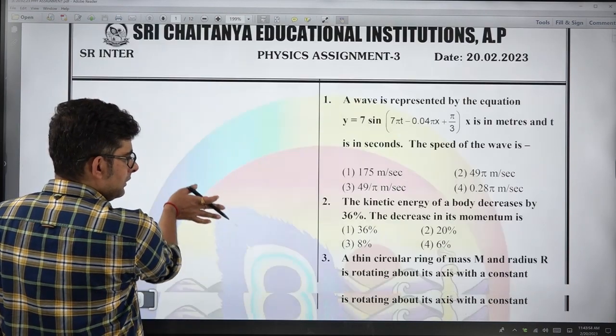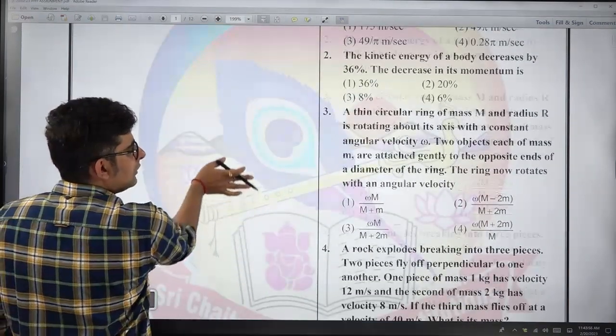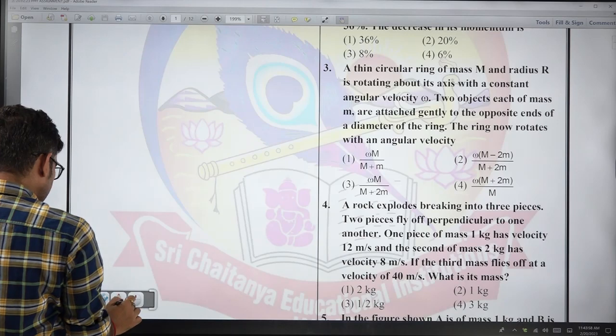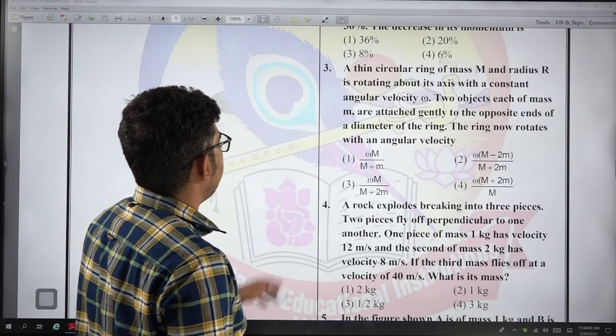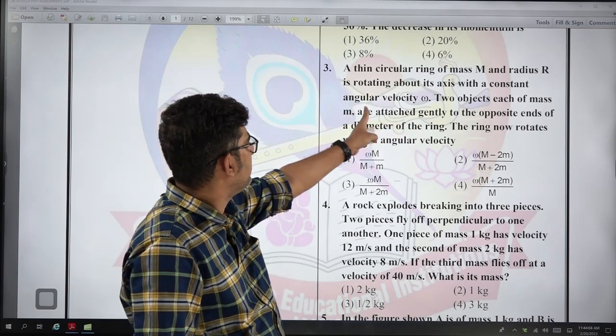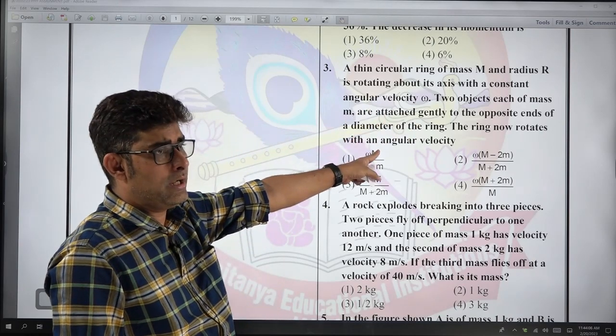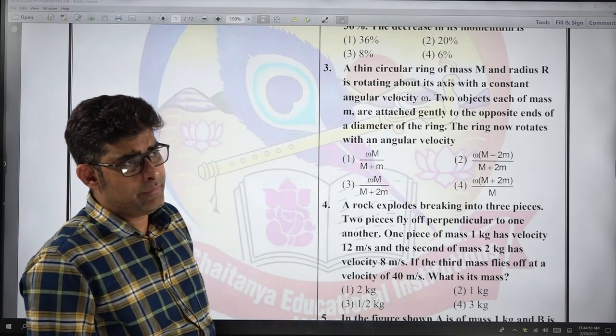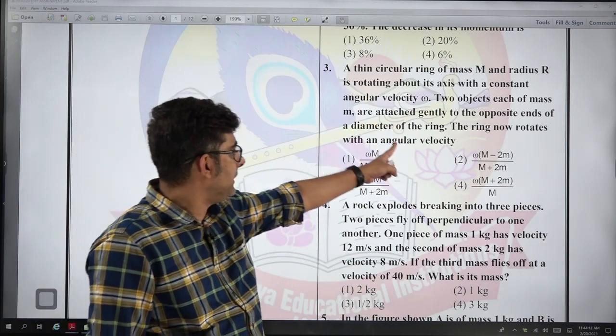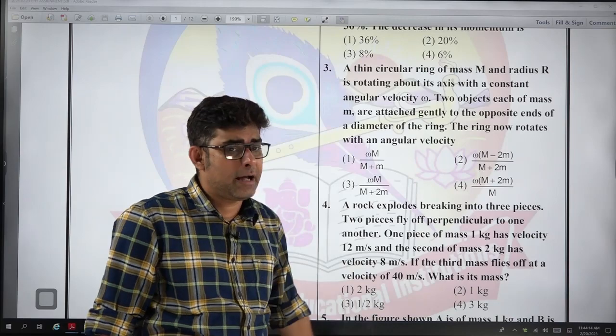Now let's see the third question what we have over here. Okay. The third question, a circular ring of mass m and radius r is rotating about its axis with constant angular velocity omega. So if two objects are gently attached to the opposite ends of a diameter, the ring will now rotate with an angular velocity.